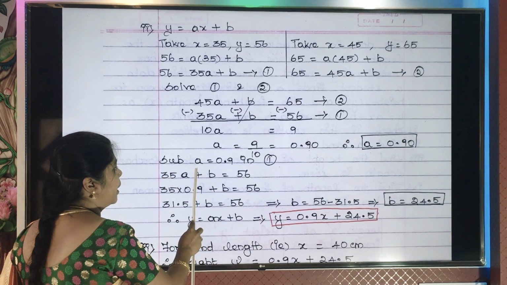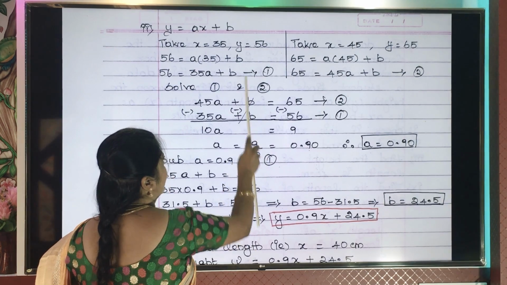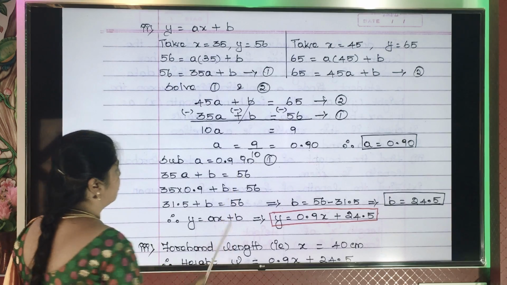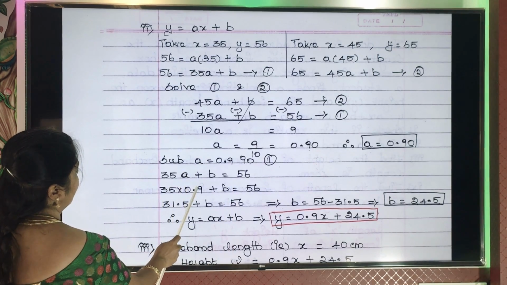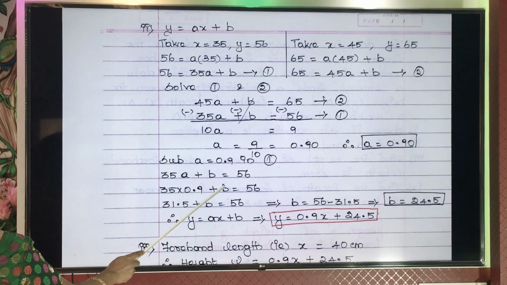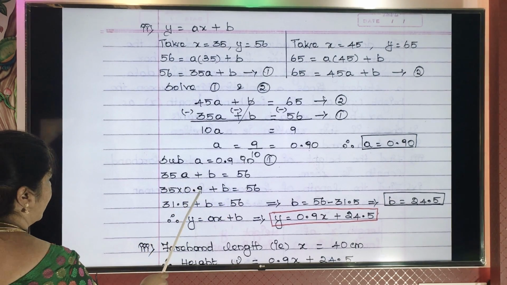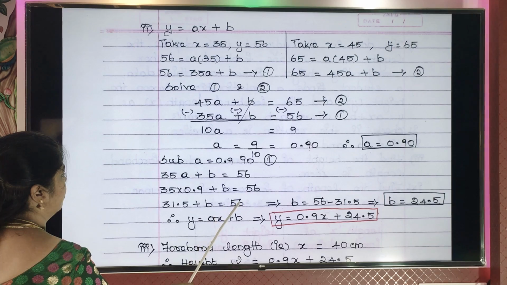Now what am I doing? I am substituting a equal to 0.9 in the first equation, 35a plus b equal to 56. 35 into the a value, which is 0.9, plus b gives you 56. 35 multiplied by 0.9 gives me 31.5 plus b equal to 56.